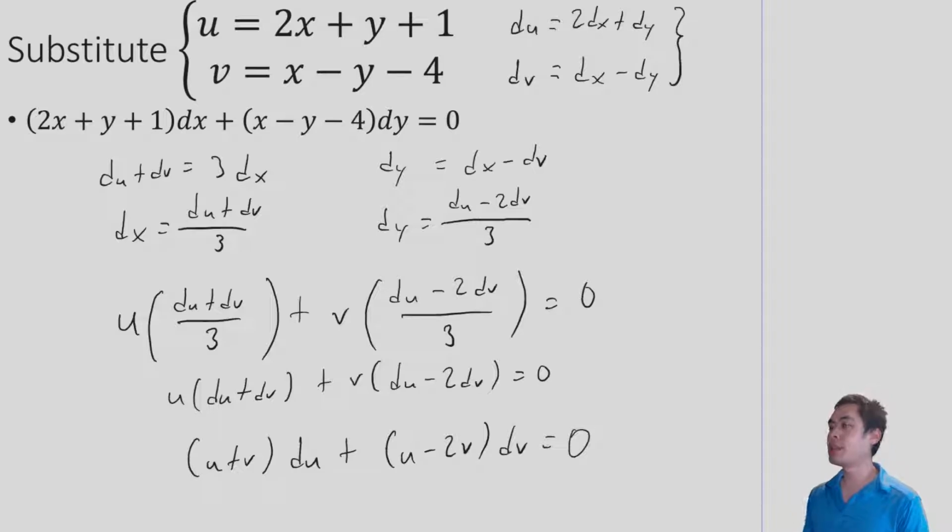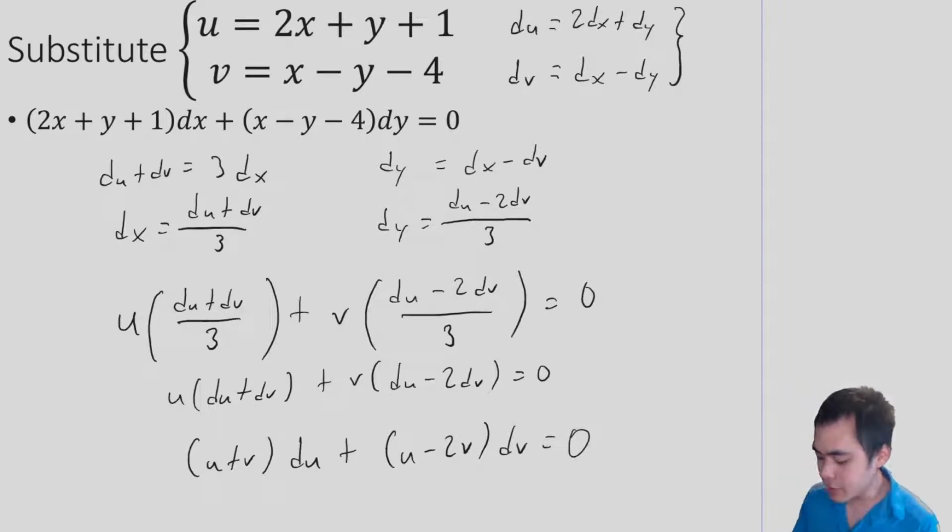Another way to do it is, however, to do... why is it minus 2dv and not 0? Oh, sorry, for dy.